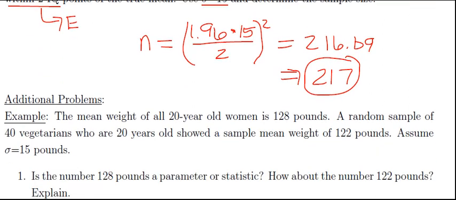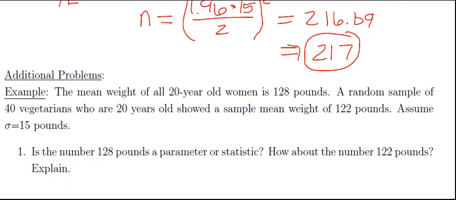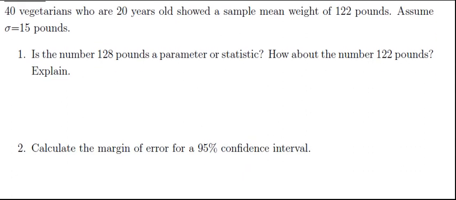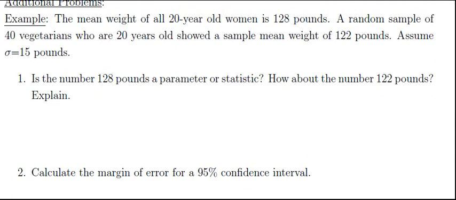Alright, so for the rest of the chapter, we're just going to do an example. We have the mean weight of all 20-year-old women is 128 pounds. A random sample of 40 vegetarians who are 20 years old showed a sample mean of 122. Assume sigma is equal to 15. So the first question says, is the number 128 a parameter or statistic?